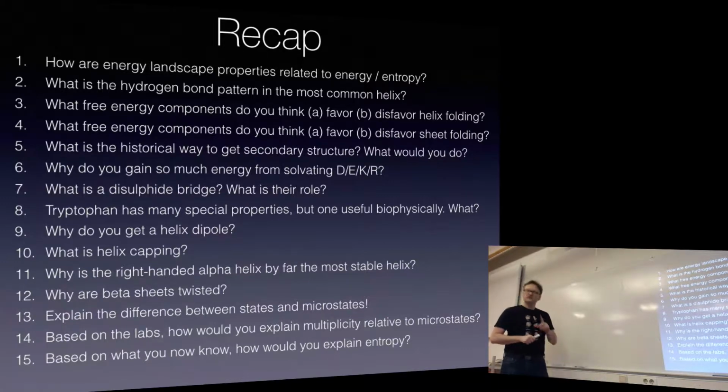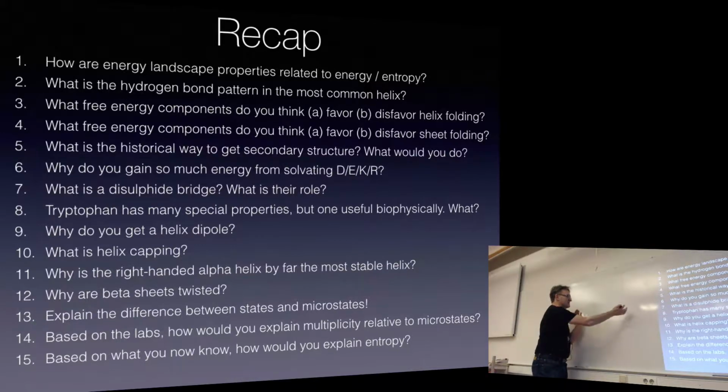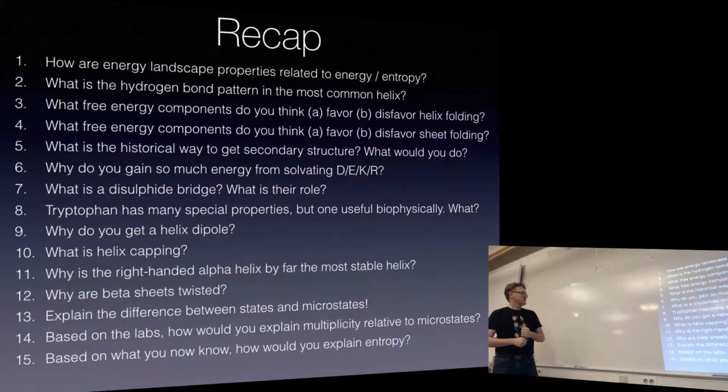So here too, there are 2 parts of the energy landscape that are important. The depth of the energy landscape describes how low the energy is, but that is not enough to predict which state is going to be the most likely, because it also has to do with the space, the width, the volume, whatever you call it. And that is exactly what you saw in the lab yesterday too, right?